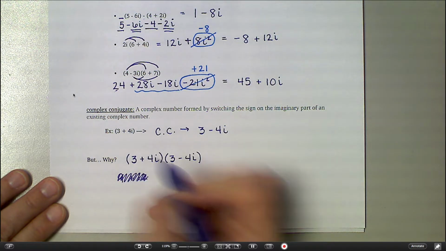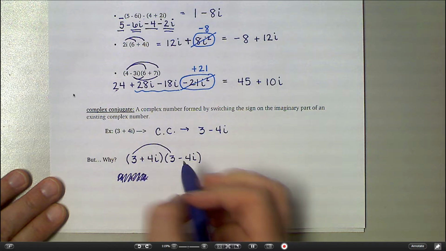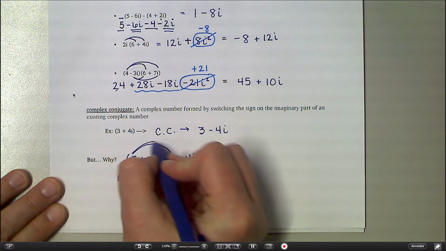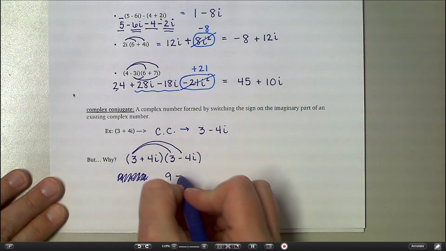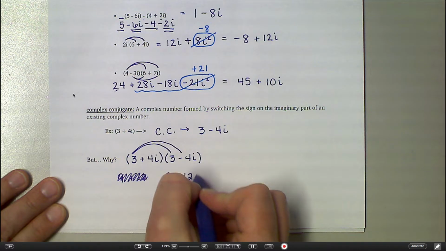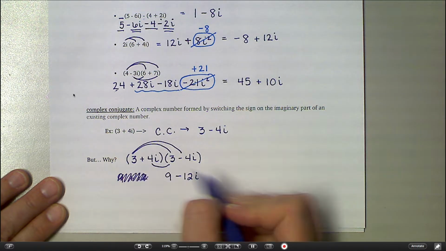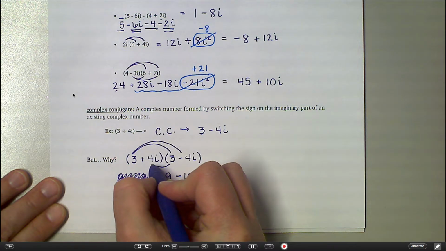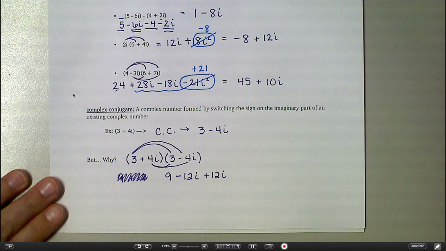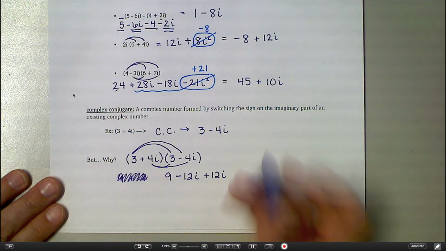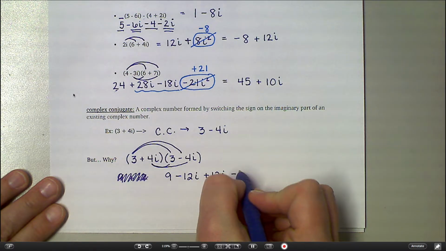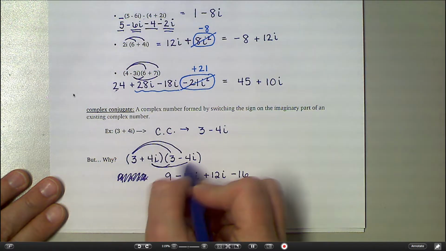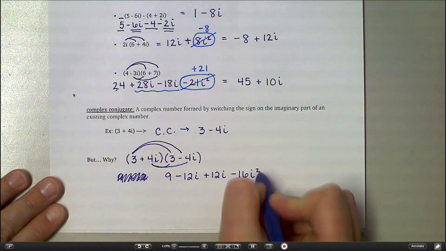Start over here. 3 times 3 is 9. 3 times negative 4i gives me negative 12i. 4i times 3 gives me positive 12i. And 4i times negative 4i, this is the one to be careful on. 4 times negative 4 is negative 16. And i times i makes this an i squared.